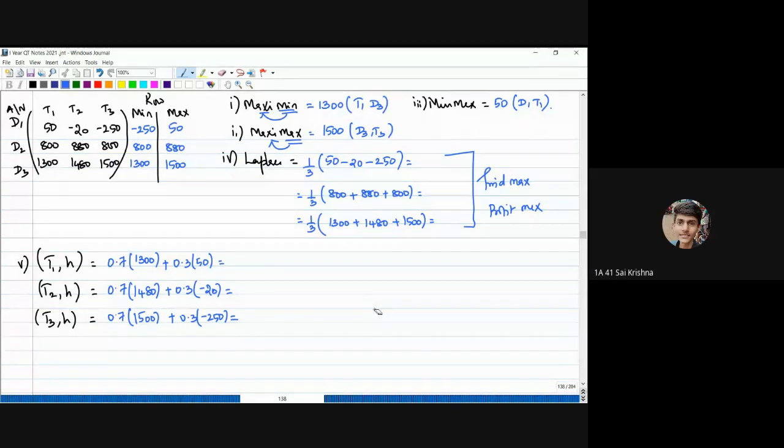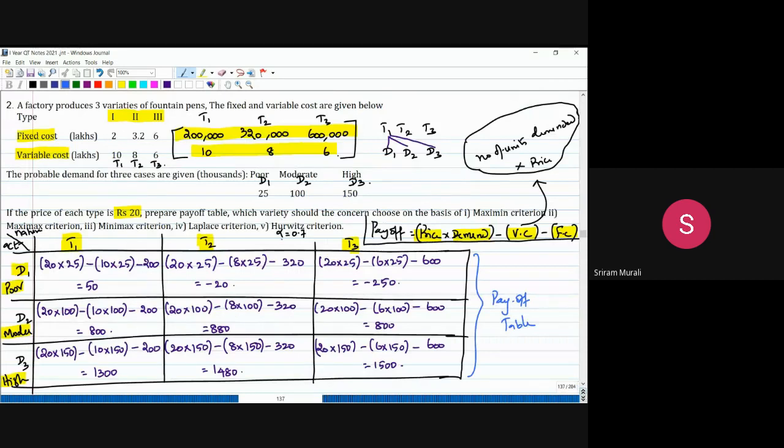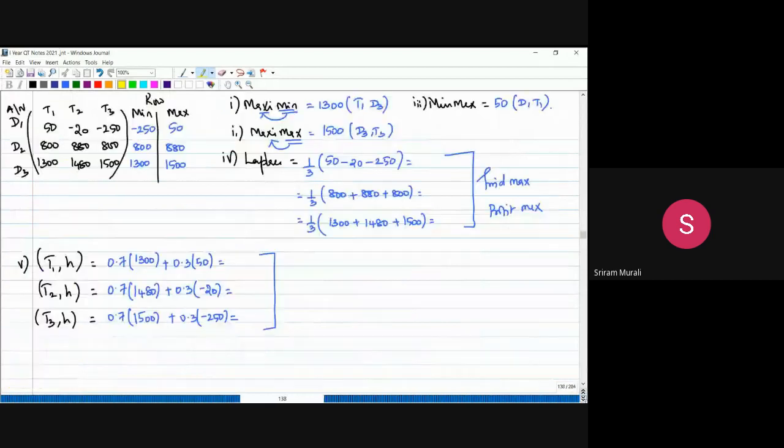Sir, how did 0.7 come? Can you tell me once? We have given 0.7. In the Hurwicz criterion, 0.7 is given. If it is not given, I ask you to assume 0.5. So 0.3, sir. 0.3 is 1 minus this. See, what is the formula of H?